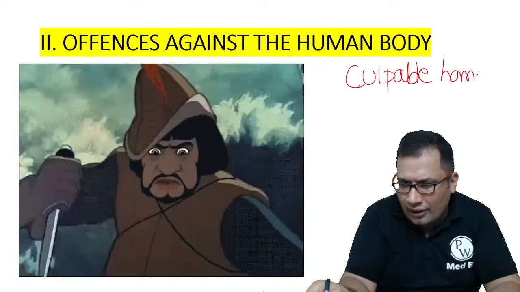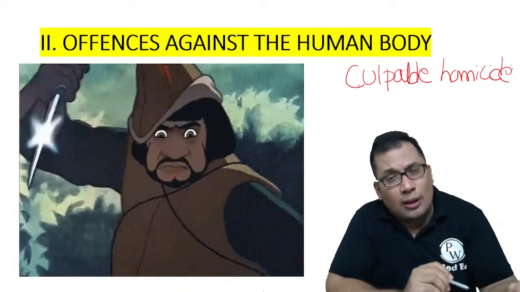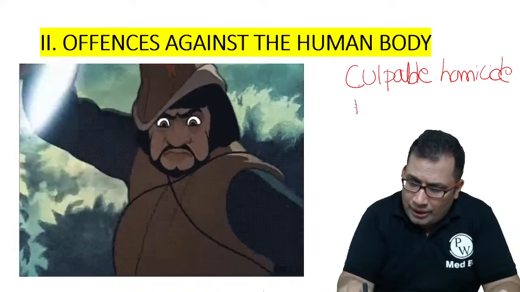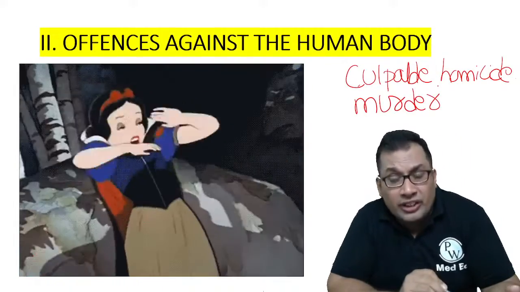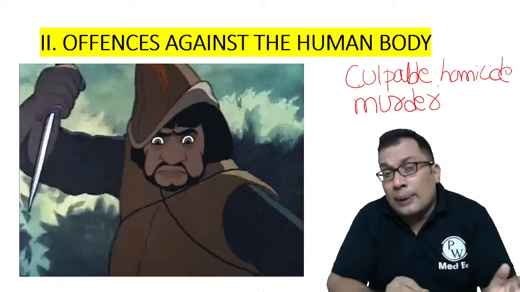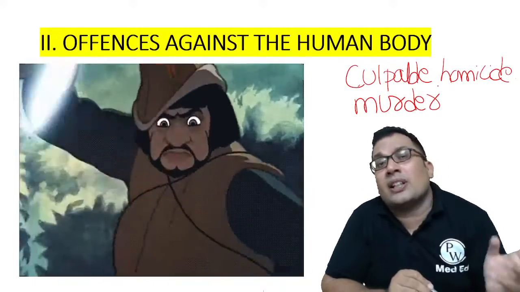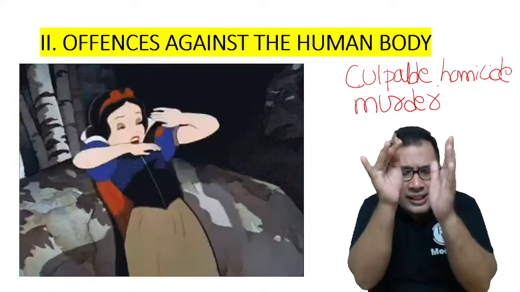Culpable homicide is a genus, and murder comes under it as a species. Murder is punishable under 302, culpable homicide not amounting to murder under 304, attempt to murder 307. Now they come under a single folder.